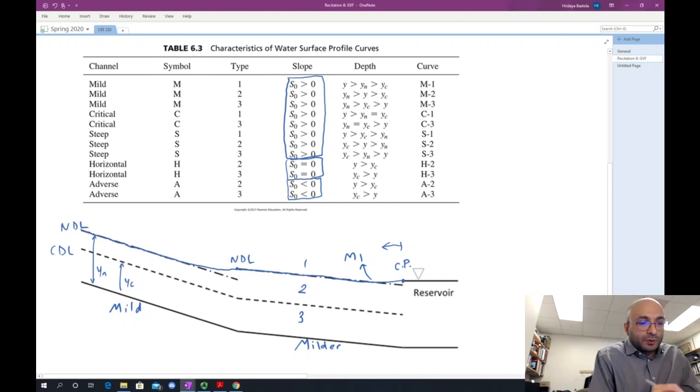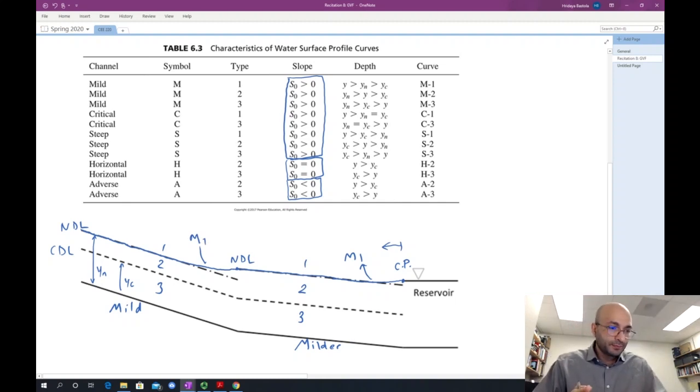Once it gets to the normal depth, it will continue at the normal depth until something else forces it to change the depth. So here again, this one is in region 1 of a mild channel, so that's the M1 curve. So conceptually, we know what the water surface profile will look like across the break in slope.